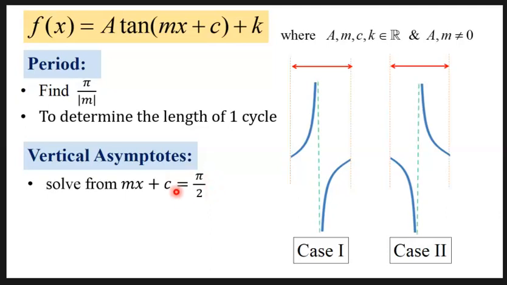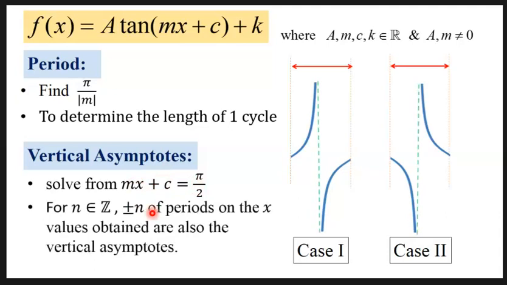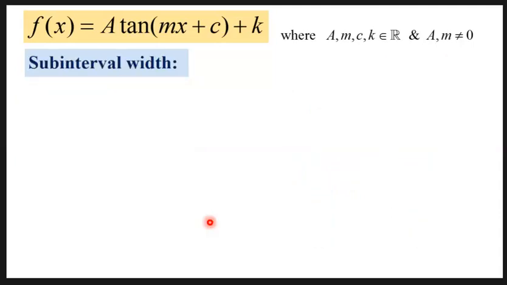Then from this solved x value, we add the period on it subsequently to get the rest of the vertical asymptotes. Once again, to have a better idea of how the calculation is done, we will see it later in examples.